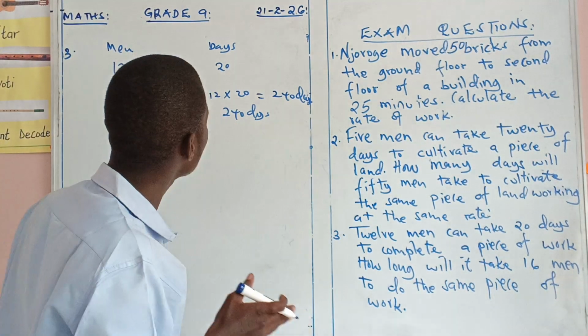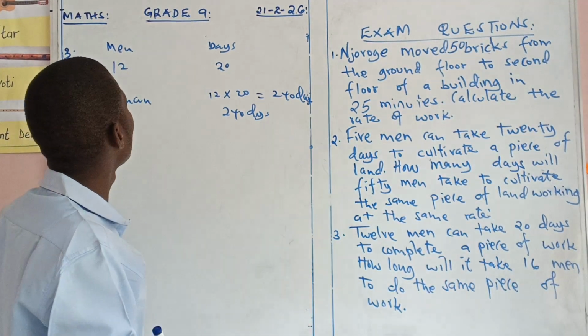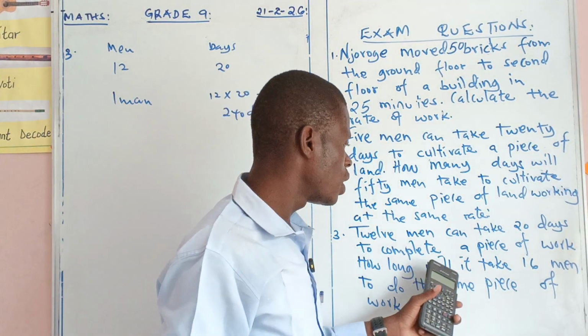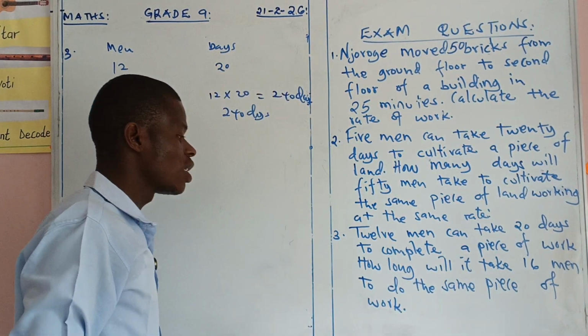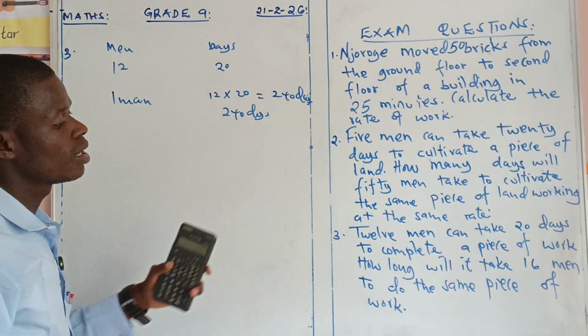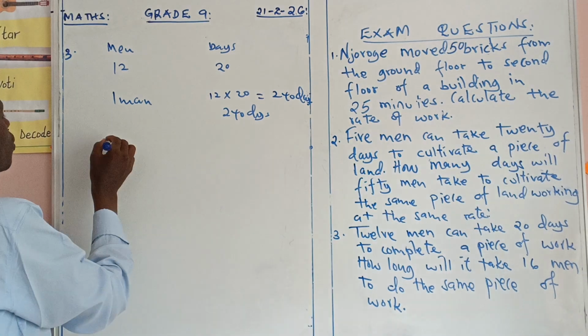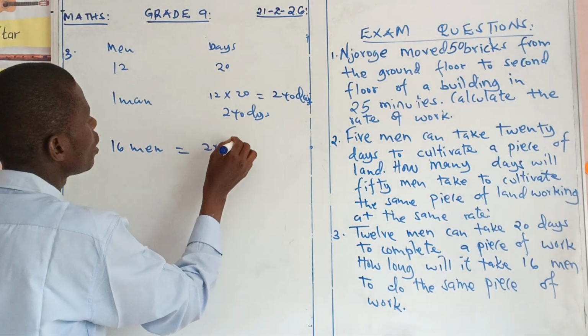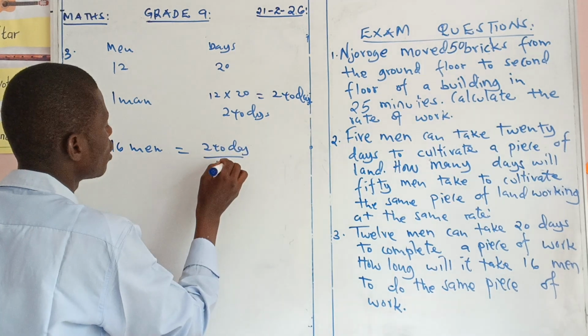Then you're being asked, if one man takes 240 days, how long will it take 16 men to do the same piece of work? So 16 men will take 240 days divided by 16.